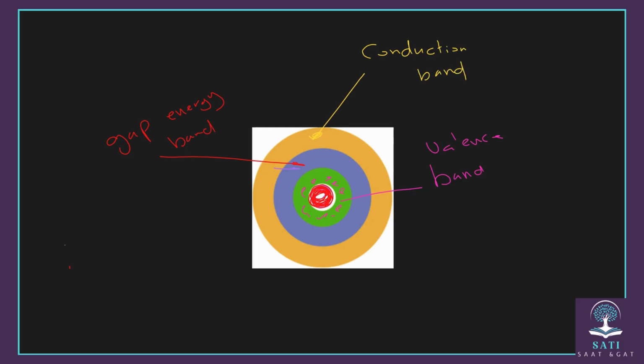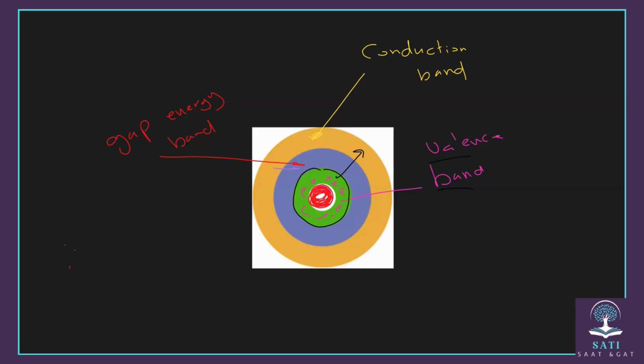Okay, now, this is the idea of energy band theory. If electrons around the material are available inside the valence band, and it's hard for them to move from the valence band into the conduction band, this material is classified as an insulator.